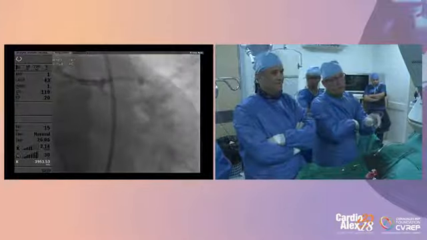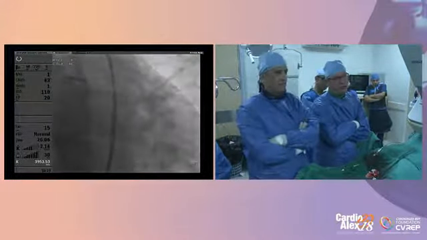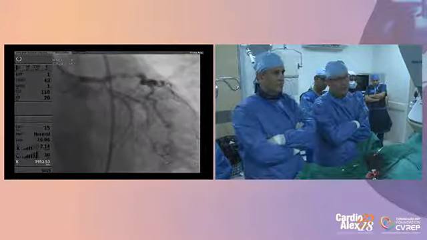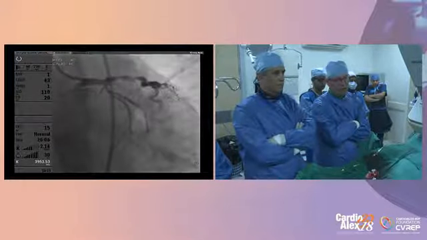So I have the same opinion, because from the FAME 3 trial we have several patients, and it's possible to leave alone such a CTO, and we will fix the LAD.